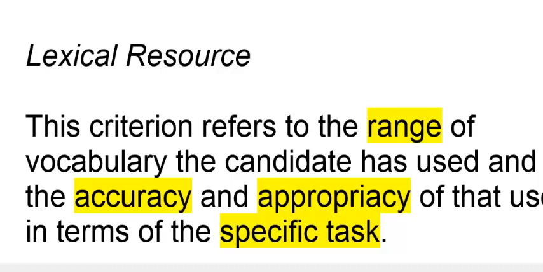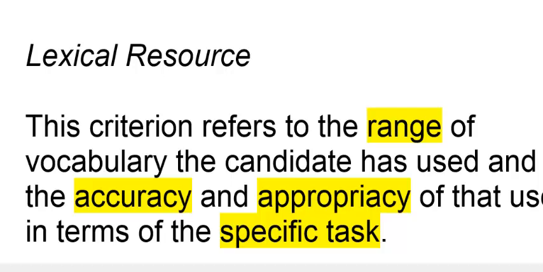If you're scoring lower, for example a band score 5, then you don't know enough vocabulary specific to the topic. Now of course there is a difference in the ability to use the different vocabulary at band score 6, 7 and 8, and we'll look at the specific criteria to show you what those differences are.